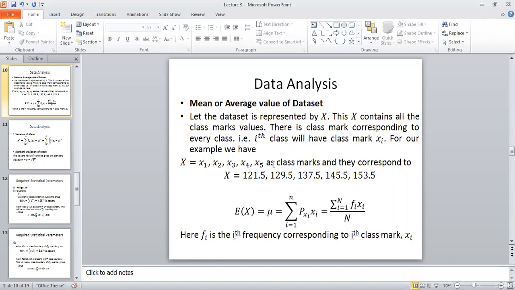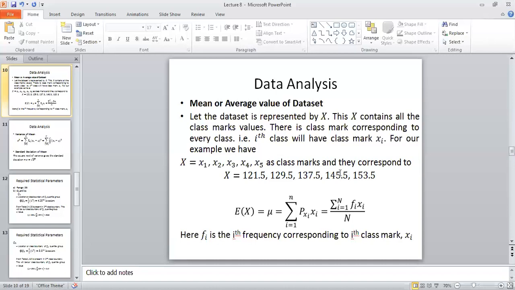Since we have 5 classes, that means we have 5 class marks, and this will correspond to this data set. x1, the first class mark, was 121.5, which we can see from the summarized class interval data set. 129.5 is the second class mark value. 137.5 is the third class mark value. 145.5 is the fourth class mark value. And 153.5 is the fifth class mark value. So this x, the new data set, comes out to be something like this.